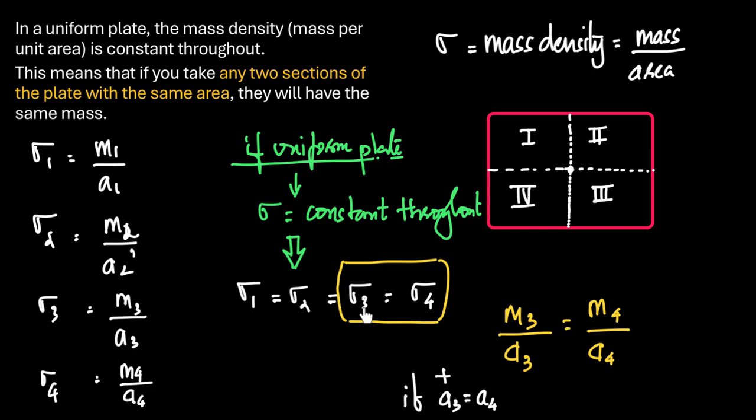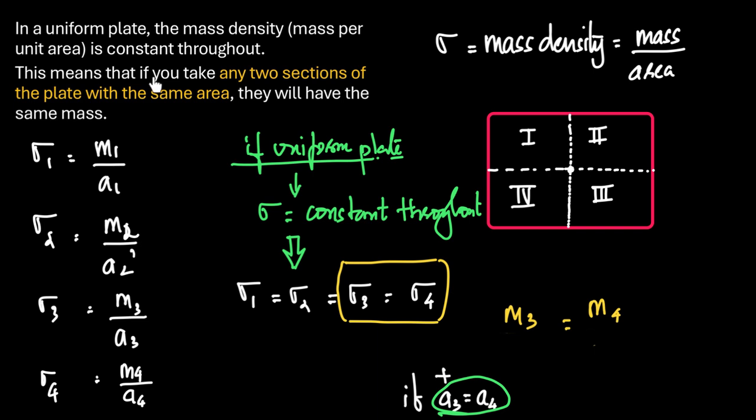And if we consider sigma 3 and sigma 4 alone, what can we say? If sigma 3 is equal to sigma 4, then m3 by a3 should be equal to m4 by a4. And if this condition is true, then if we impose another restriction, which is that a3 is also equal to a4, then it becomes clear that m3 should be equal to m4.